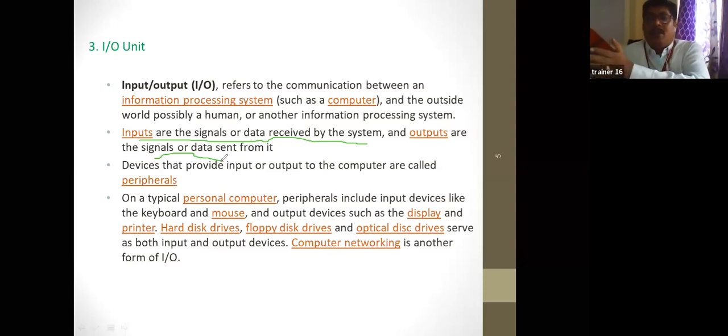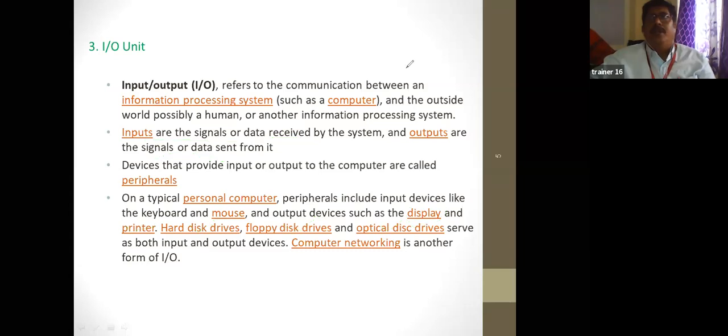If you give the input, it reads the signal, processes it, and then we can get the output through some output peripherals. What are those output peripherals? The display, that is a monitor, hard disk drives, floppy disk drives, optical disk drives, and also the printer and scanner. There are so many output peripherals. This one you know.